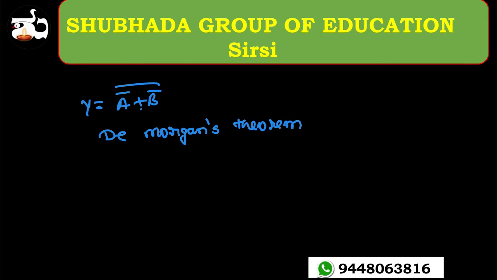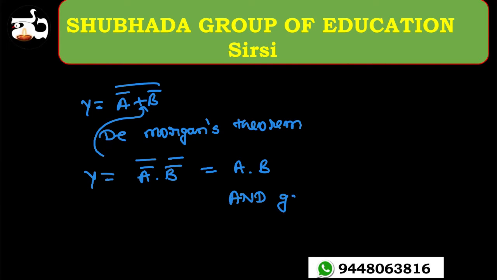Clearly I told you to replace the operation here. So if it is OR, make it AND: y is equal to A bar and B bar, and put the individual complement, so what will you get here? Double complement. A double complement is A here and B here. Okay, so y is equal to A and B. So this belongs to which gate? AND gate. It belongs to AND gate. So that's the reason why option D is correct.